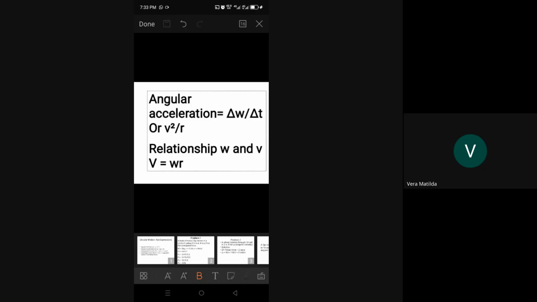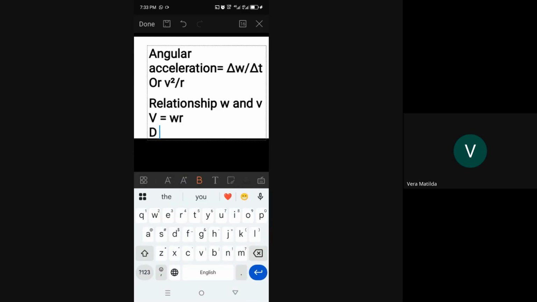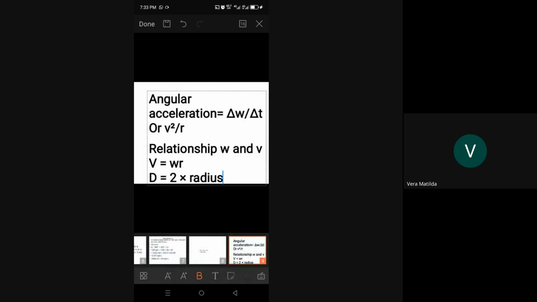You know that diameter is equal to 2 times radius. Diameter is 2 times radius, which means radius is diameter over 2. The reason why I'm asking is because you can be given diameter. If you are given diameter, just divide it by 2 to get your radius so that you can use it. They can say a body rotates through a circle that has a diameter of, they will give you diameter, not radius. They are just trying to check whether you know what they are saying.